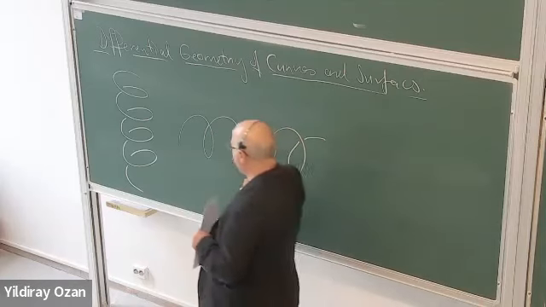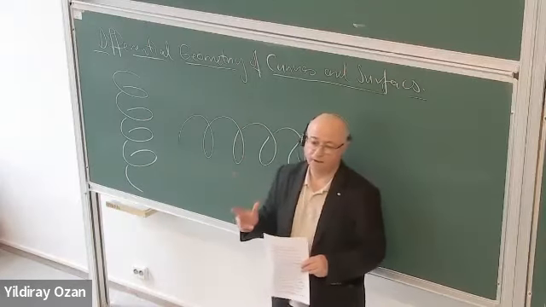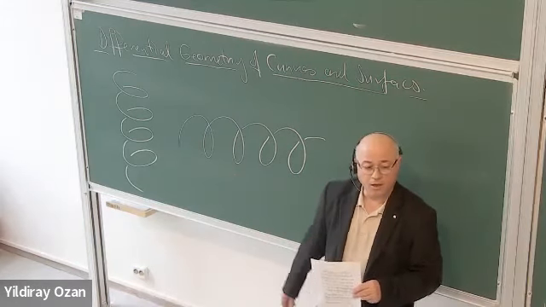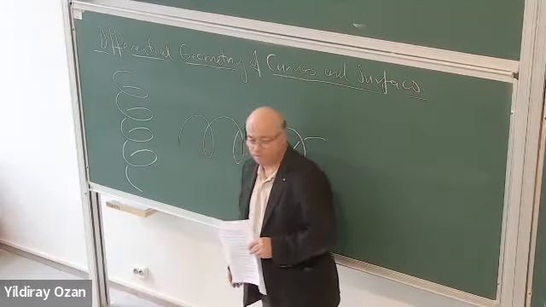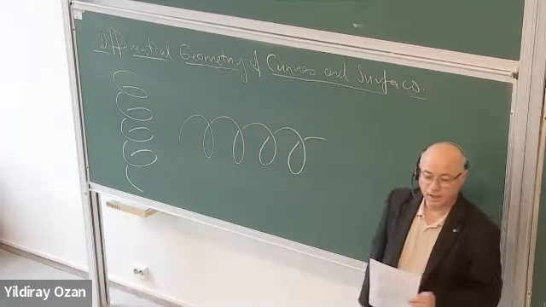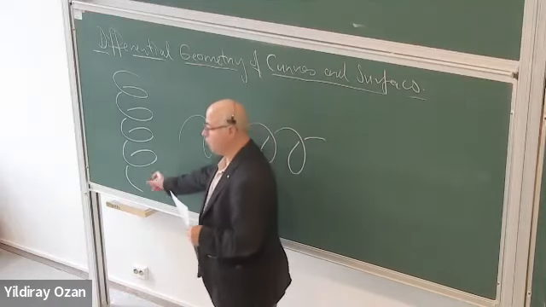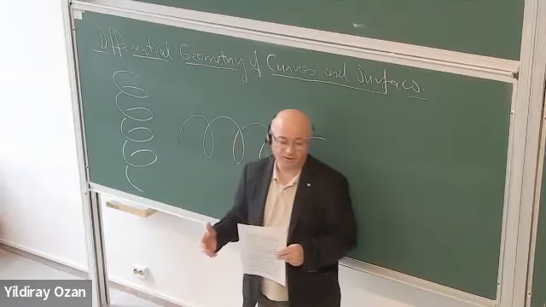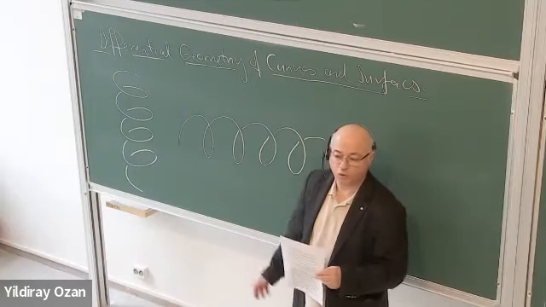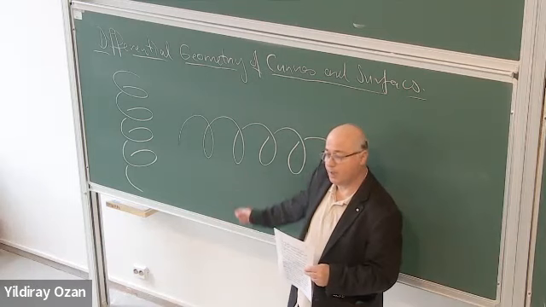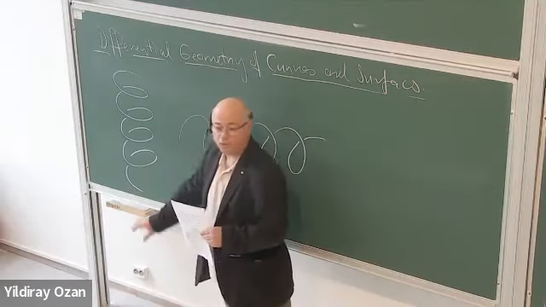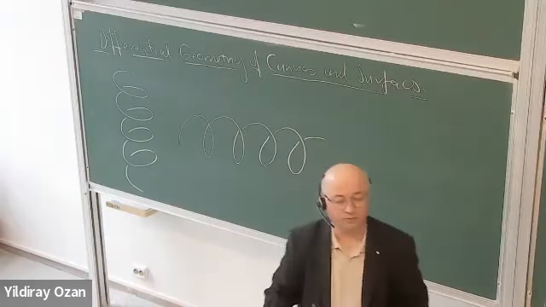We will define basically two invariants, curvature and torsion, for this kind of curves, space curves, and we will compare those invariants. For these two curves, we will see that those invariants, curvature and torsion, are the same for both of them. That will imply that this curve is obtained from this curve by just rotating and shifting.